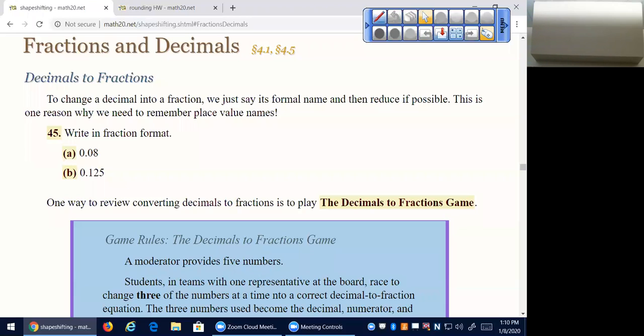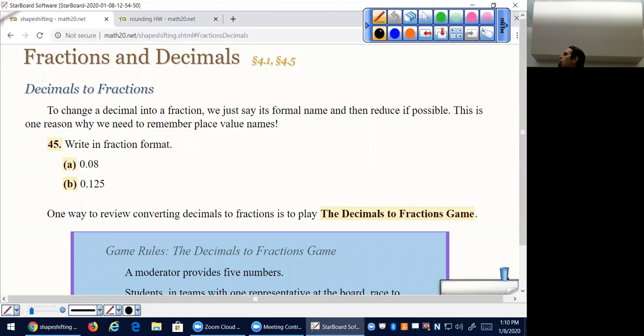Okay, we want to start moving between percents and decimals and fractions. We haven't done anything with percents yet. So for now, we'll just go back and forth between fractions and decimals. And the easy one is to go from the decimal to the fraction, because all you have to do is say its name. Remember that there were different ways to say this decimal.